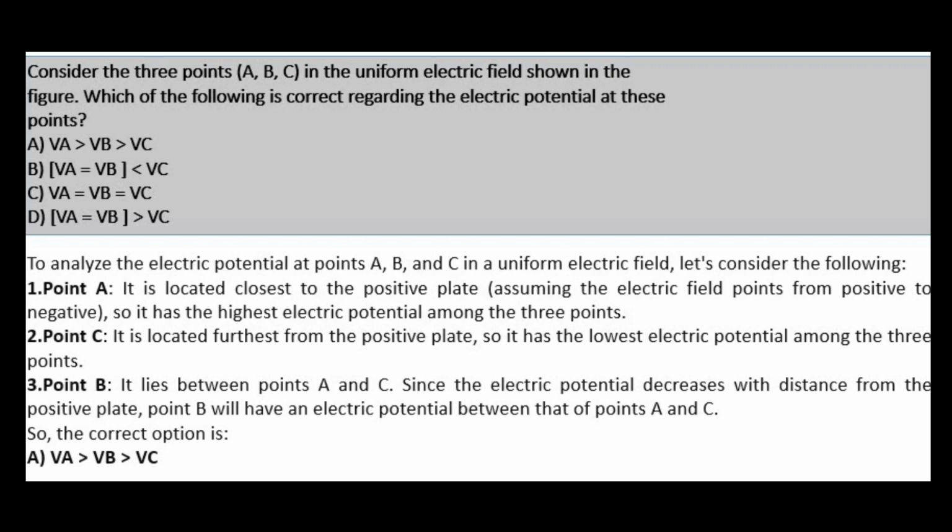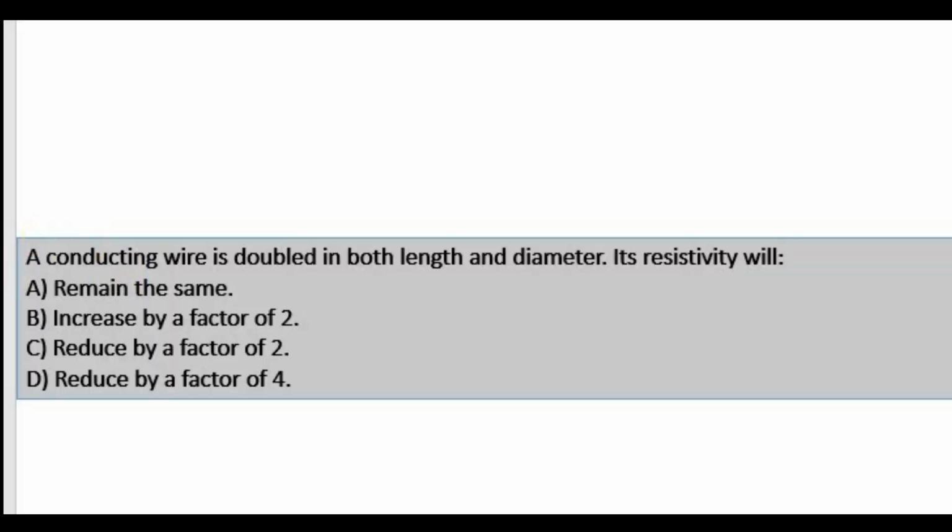Point B: it lies between points A and C. Since the electric potential decreases with distance from the positive plate, point B will have an electric potential between that of points A and C. So the correct answer is option A, VA greater than VB greater than VC.